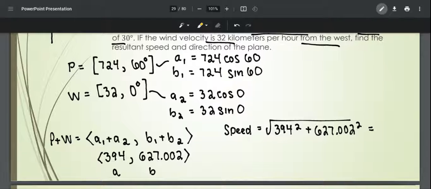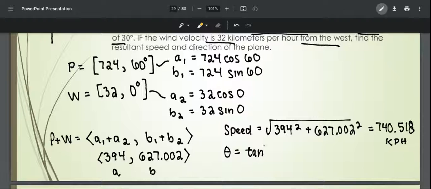You get 740.518. Which seems really fast, but you realize, are we in miles per hour here? We're in kilometers per hour, which is a little bit more reasonable. Most planes don't travel at 740 miles per hour. That would be really fast.